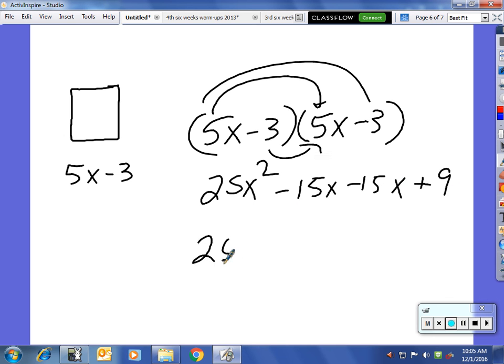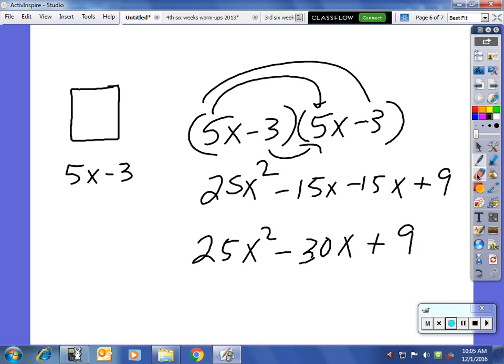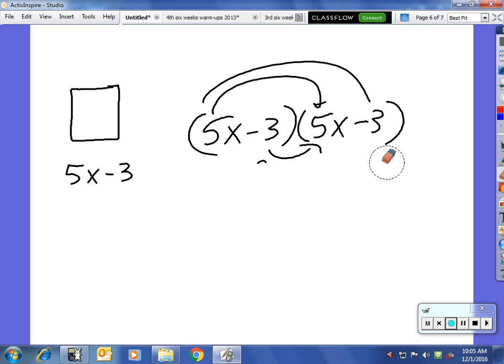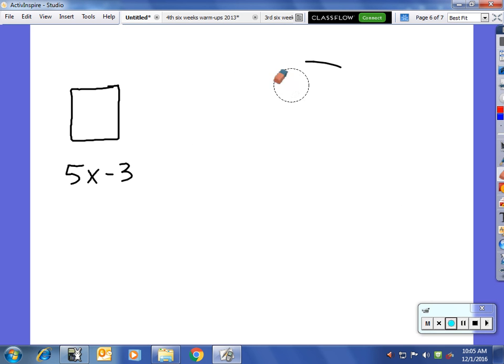So that's 25x squared minus 30x plus 9. You got to watch out for your signs and your exponents and everything. Perimeter would have just been 5x minus 3 times 4, which is 20x minus 12.